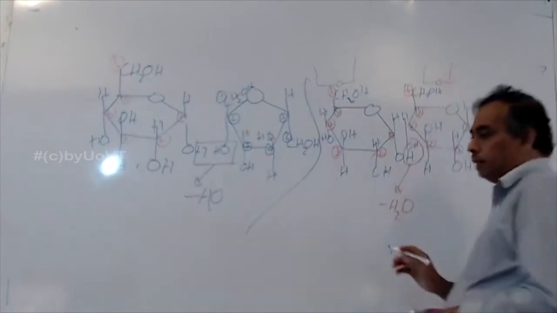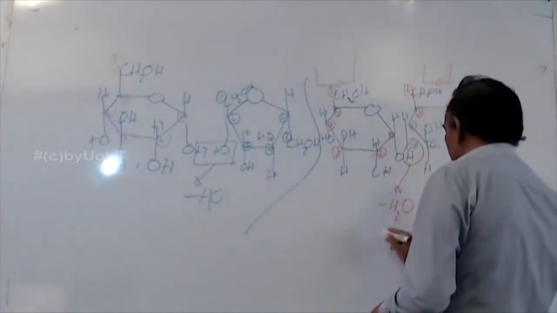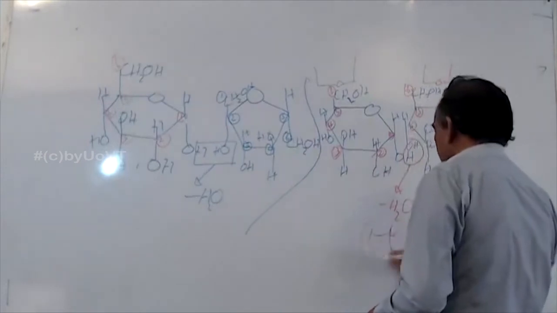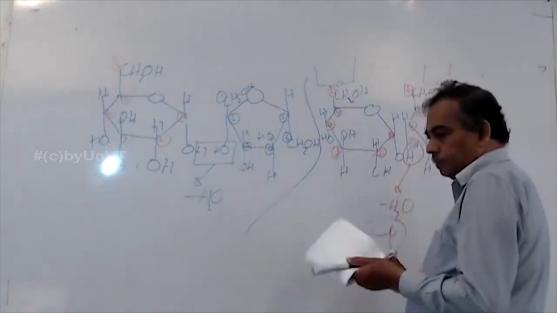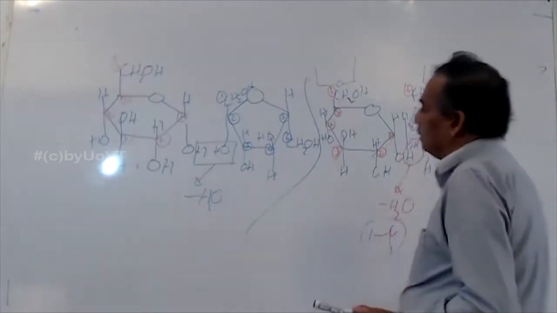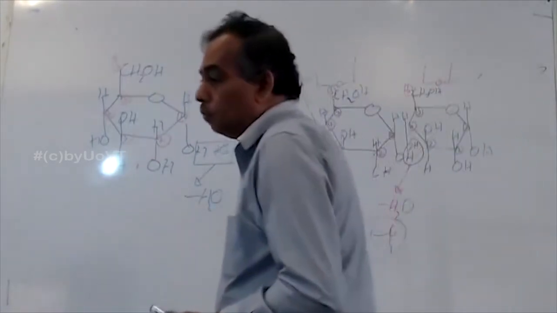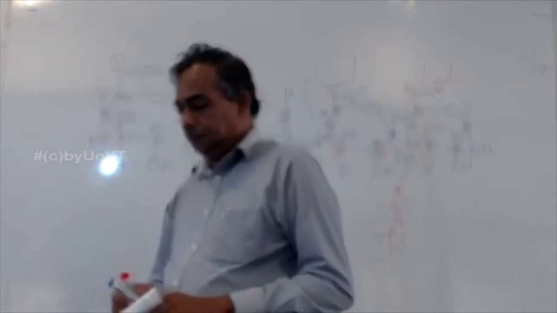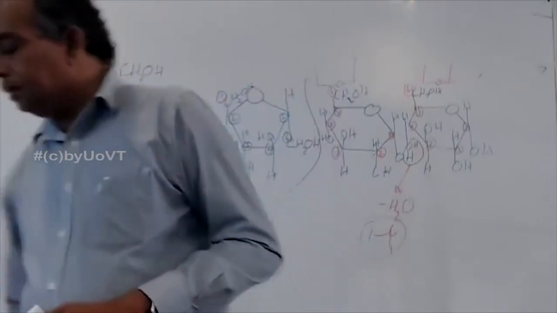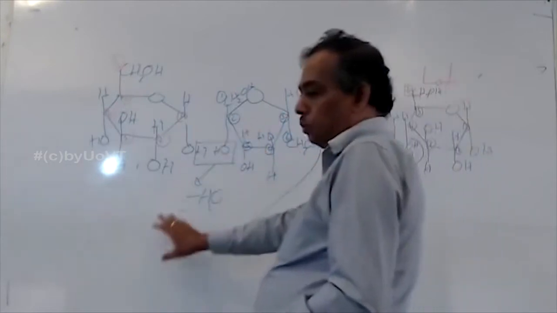Now you can observe again the bond between 1 and 4. This molecule is known as maltose. This is maltose. This is sucrose.